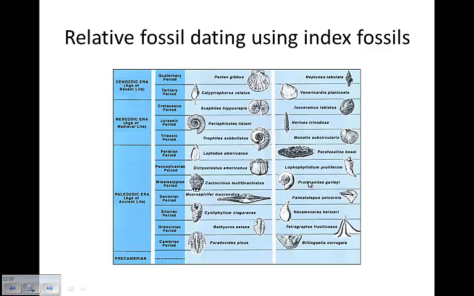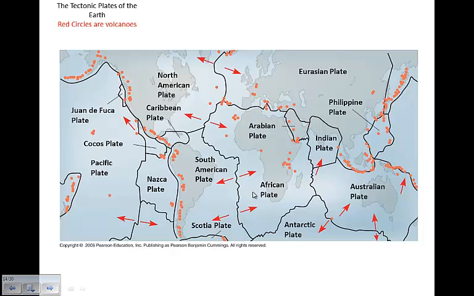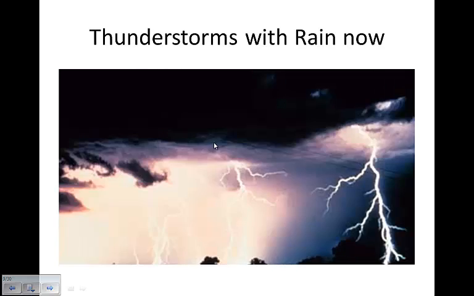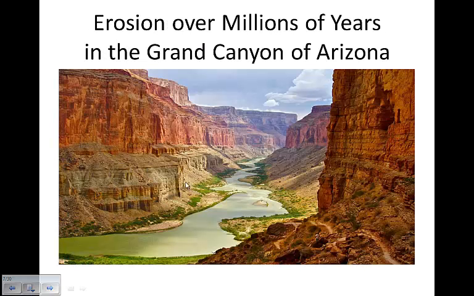So we have this relative dating. We can look at the fossil record and come up with relatively where fossils are found, and that's based on the strata or the location. Let me go back to this picture. You see these layers?